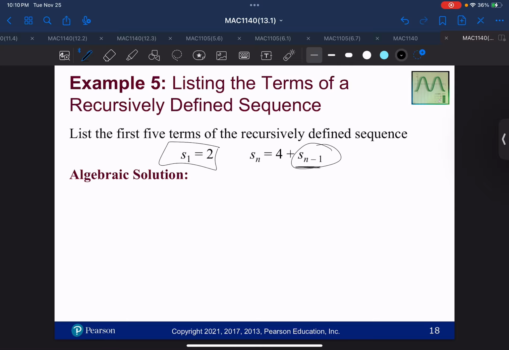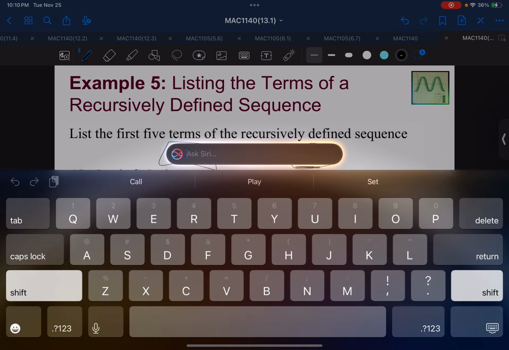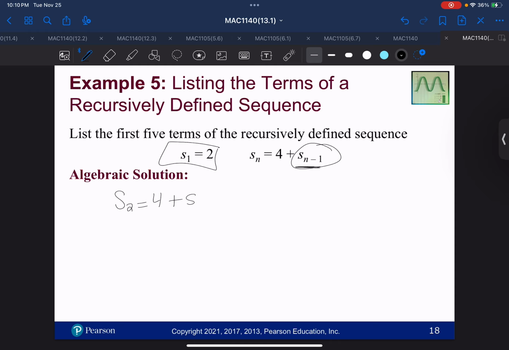So to find the next term, s sub 2, the second term, this would be equal to 4 plus 2. Because this, let me just rewrite it. This would be s to the 2 minus 1 term, which is 4 plus s sub 1, which is the first term, which they gave me.